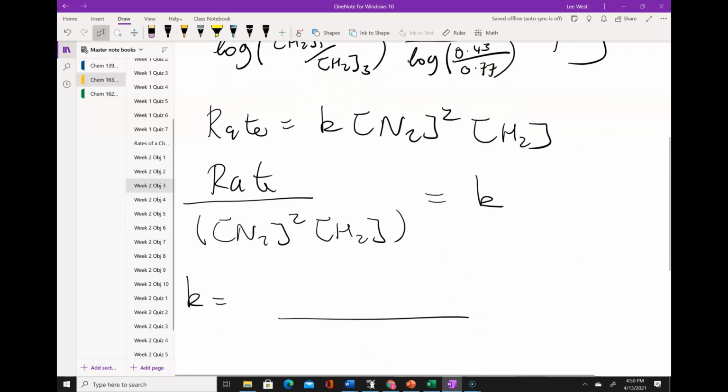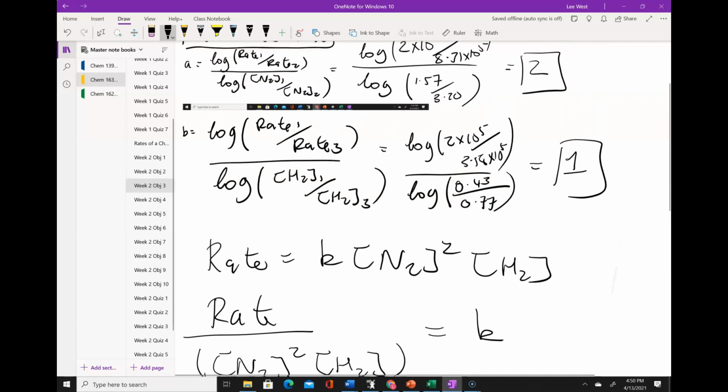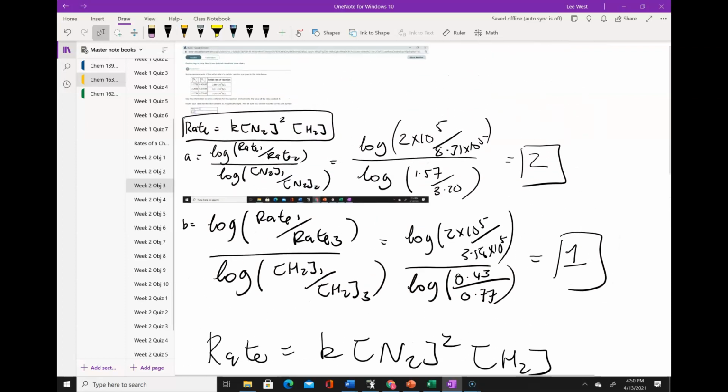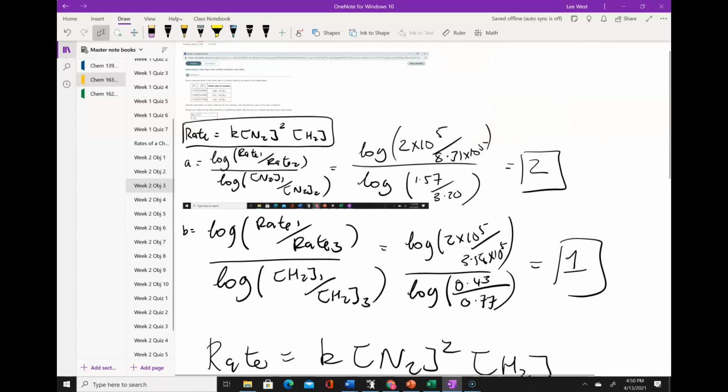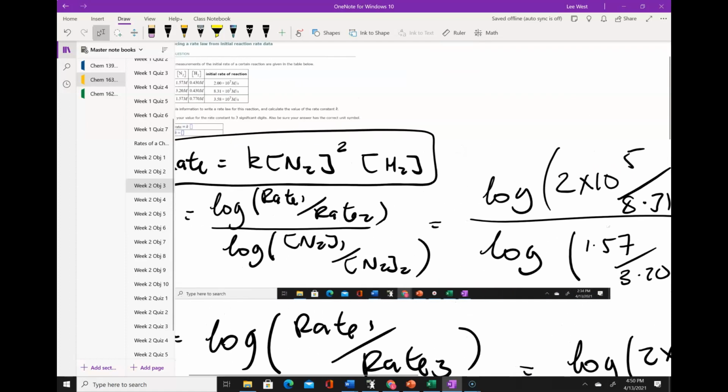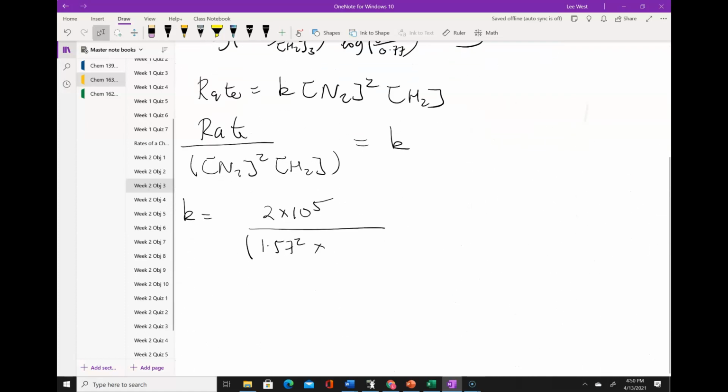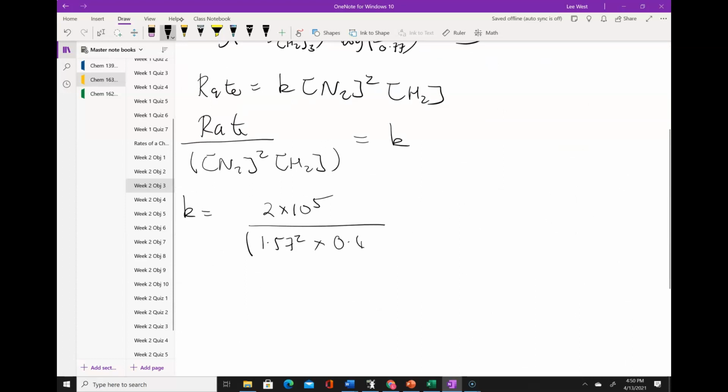It was 2 by 10 to the 5 was my rate. My concentration of N2, I'm always really careful, 1.57. That has to be squared. And then my concentration of H2, 0.43. All right. There we go. And let's see what we get.